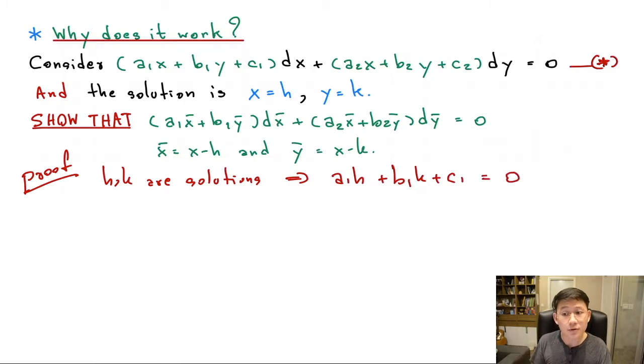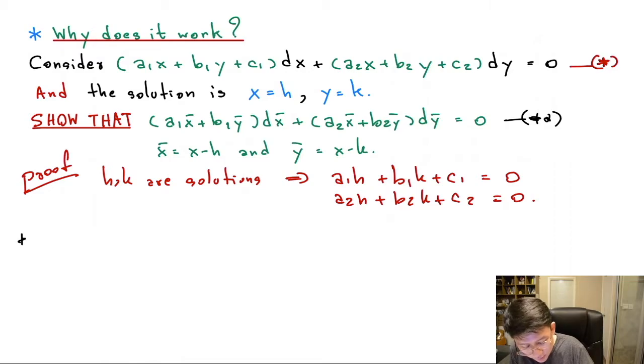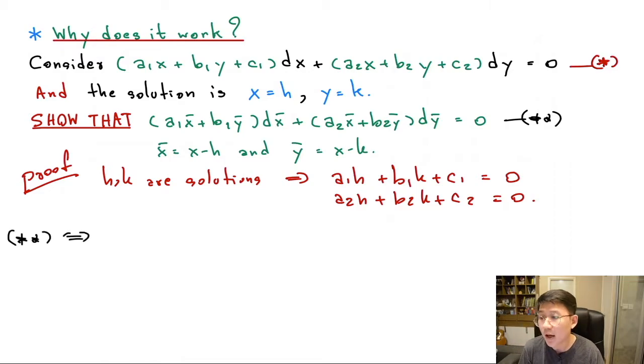It must be 0 because h and k are the solutions of the system of linear equations, and a2h plus b2k plus c2 is 0 as well. I'll call this equation double star. This equation, double star, is the same as, okay, I'll do substitution.